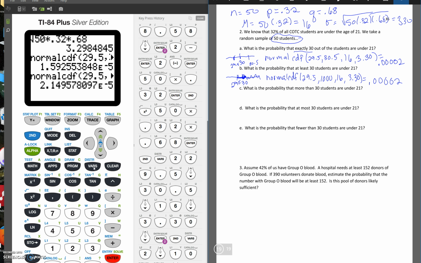Okay, so part C says, what's the probability that more than 30? Now, more than 30 means we don't want to include 30. So if we have 30 here, we still want to be more, but we don't want to include 30. We're going to start at 0.5 above that, 30.5. So we'll do normalcdf of 30.5 up to 1,000, the mean and the standard deviation.